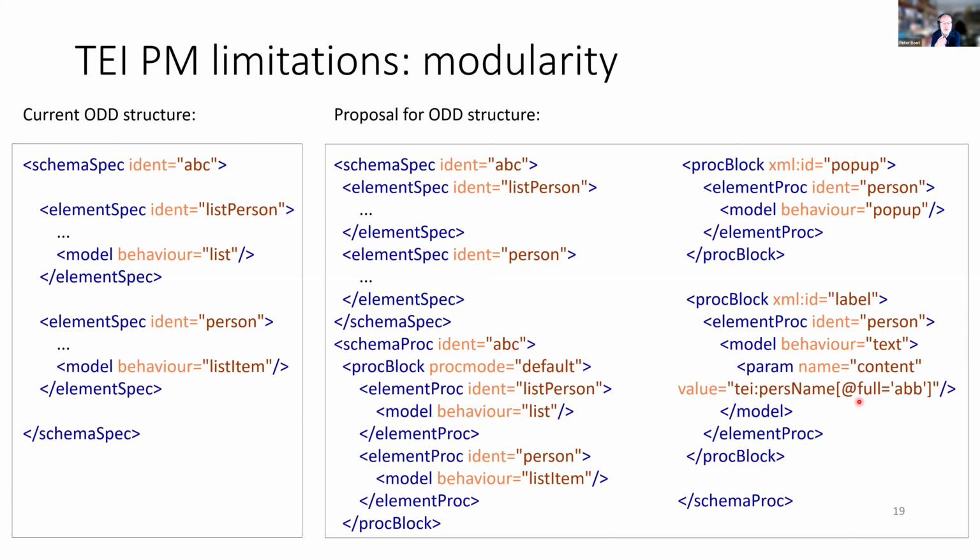So if I have an edition of, let's say, letters, I always have auxiliary information in that edition, like persons or a bibliography or what have you, places, events.